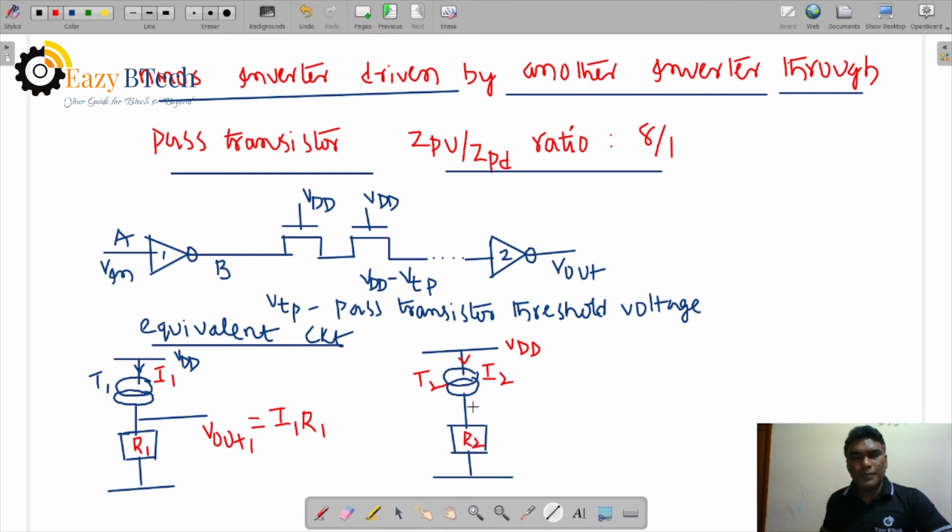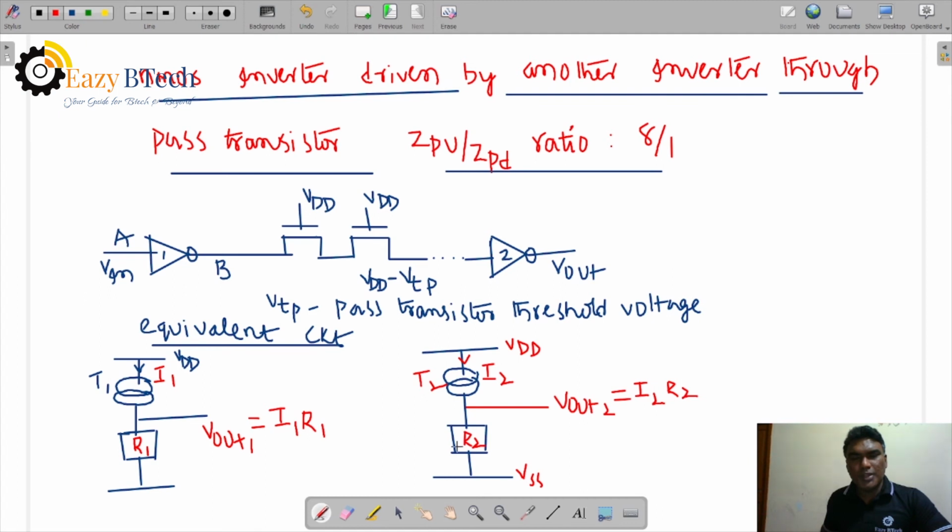So the output is V out 2. Now V out 2 is equal to I2 into R2, with this being ground potential. I2 is the current through this depletion mode transistor.